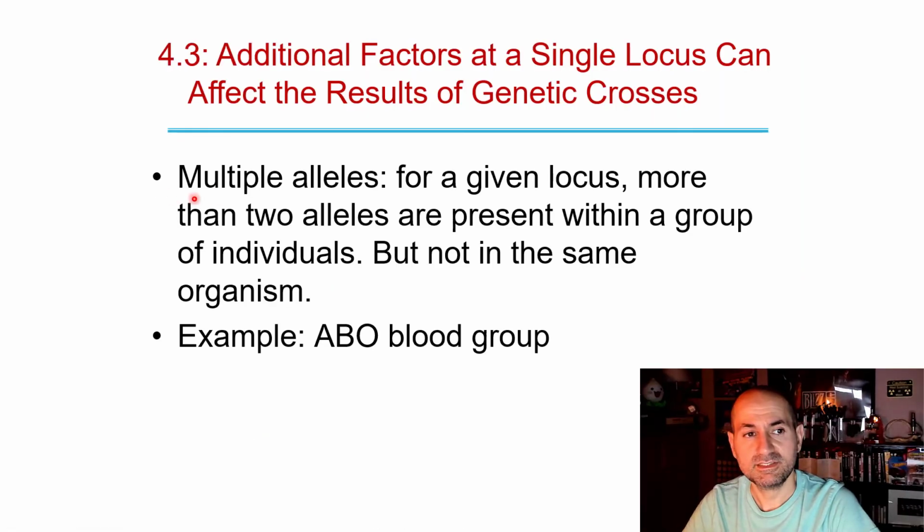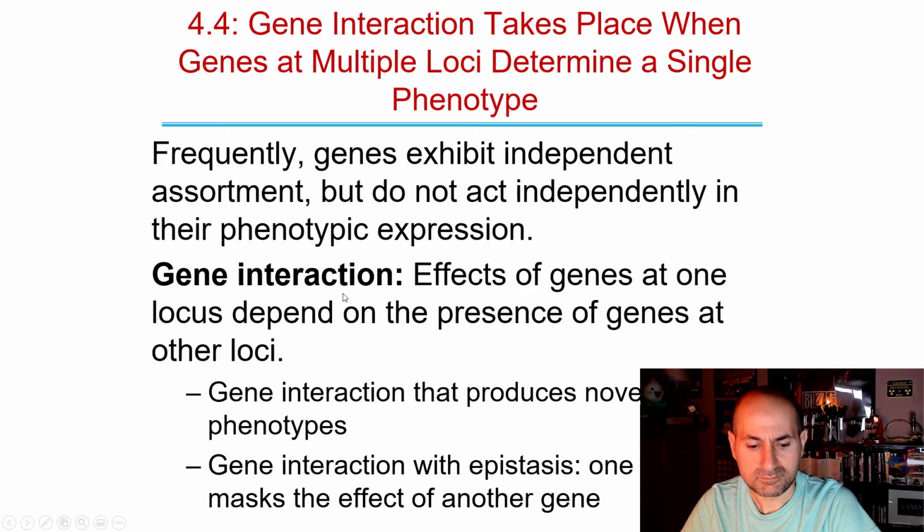Okay, so keep in mind that there can be multiple alleles for a given locus within a population. So for example, you can have the ABO blood group, you can have not just blue or brown eyes, but you could have hazel eyes, green eyes. There could be more than just 2 alleles within a population. Also, keep in mind that frequently genes exhibit independent assortment themselves, but they don't necessarily act independently in their phenotypic expression.